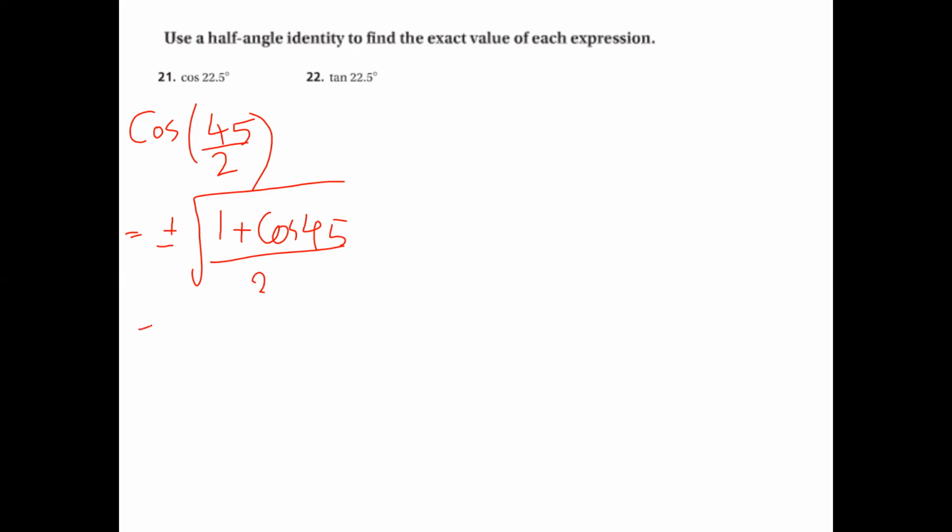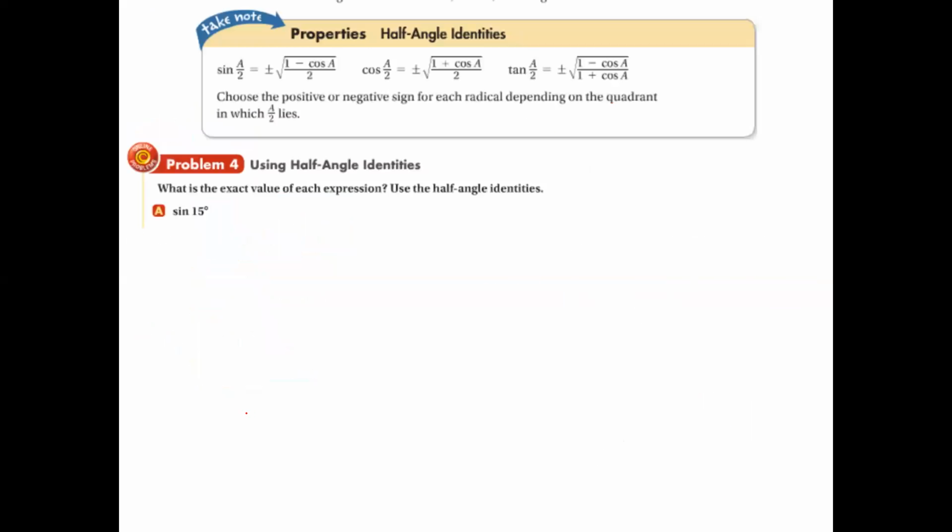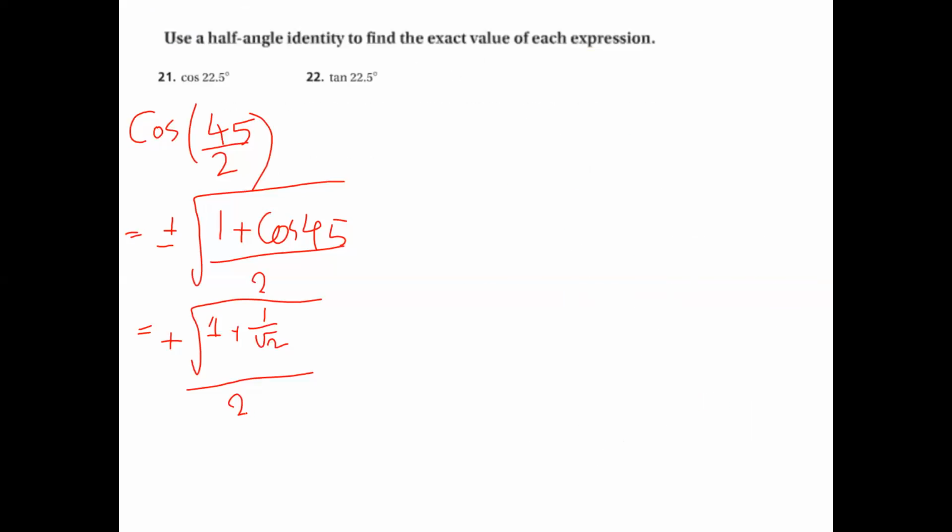Now, since 22.5 is in quadrant 1, it is positive square root of (1 plus 1 over square root of 2) over 2. Why? Because I used this one, as you see here.